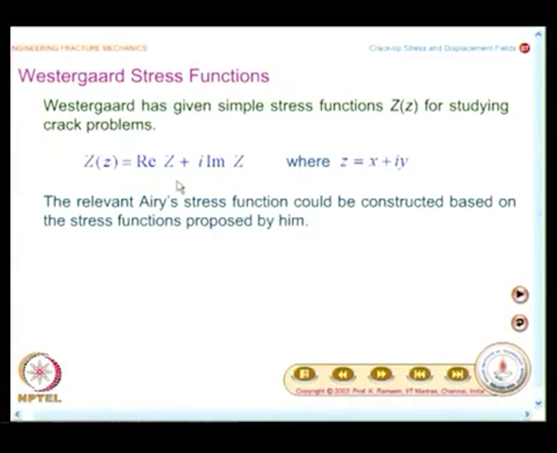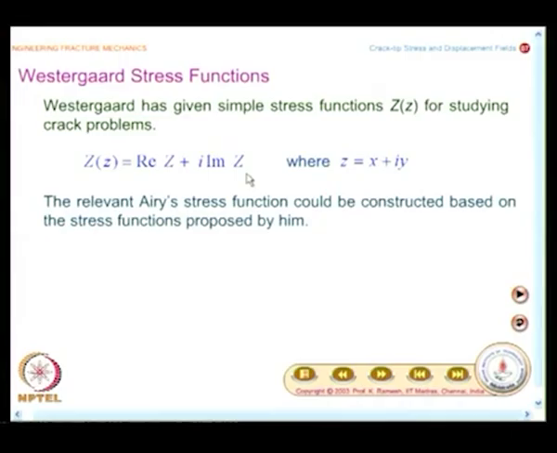So, in order to avoid that, he has retained this as real part of Z and imaginary part of Z, and you will have to live with this kind of notational scheme. There is no escape from it. So, even the Cauchy-Riemann conditions we would look at in terms of real part of Z and imaginary part of Z. It will be very clumsy while writing and also reading, but that is the way the paper has been written in those early days.